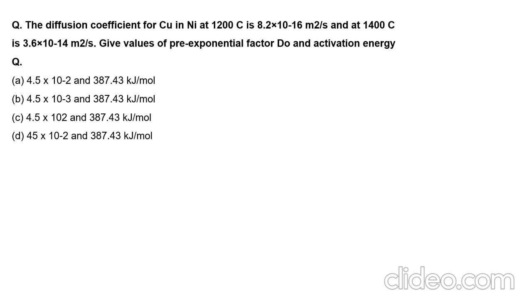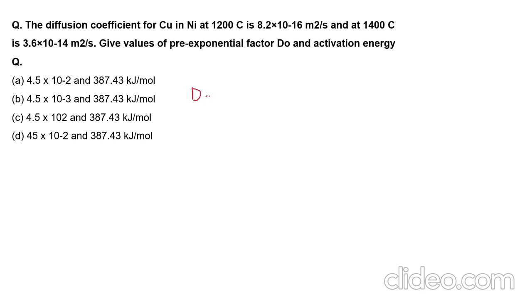So you have to find the value of the pre-exponential factor, which is D naught, and the activation energy, which is Q. This is similar to what we did in the vacancy question, the number of vacancies, where we had a variation of number of vacancies with respect to temperature. Here we have a variation of the diffusion coefficient with respect to temperature.